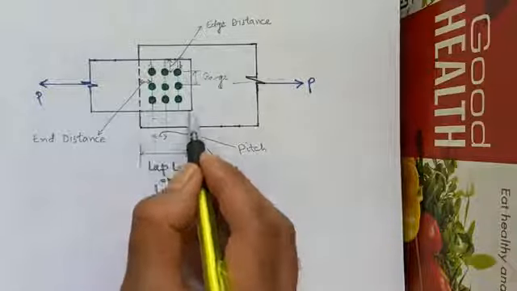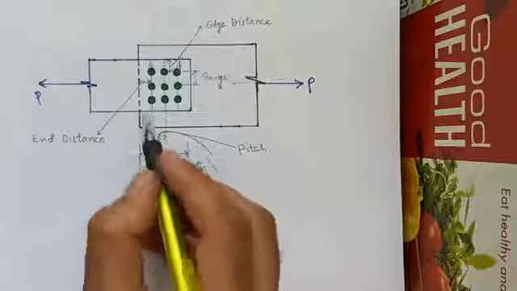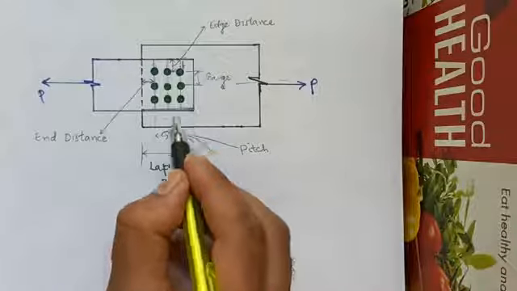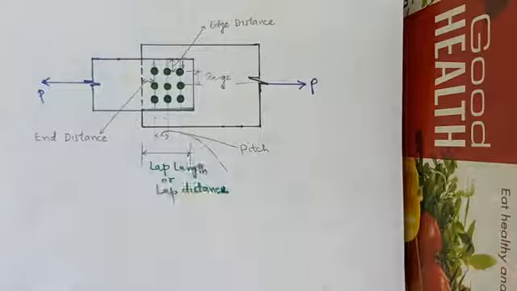This distance is called lap length or lap distance. That is the overlapping portion of the two plates is called the lap length or lap distance.